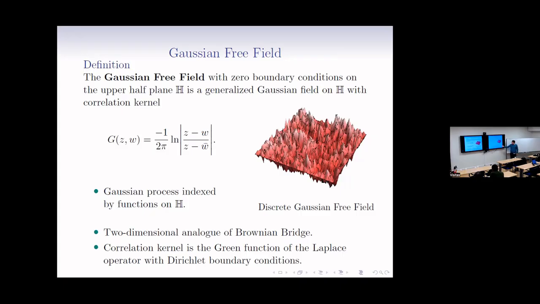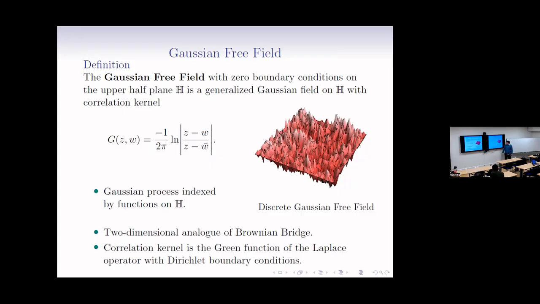So it is a two-dimensional analog of the Brownian bridge, but one feature of this object, which is very nice, is that it is no longer a surface. It means that you cannot really evaluate a Gaussian Free Field at a point, but what you can do is test it against a family of functions. So in this sense, it is a generalized Gaussian Free Field.